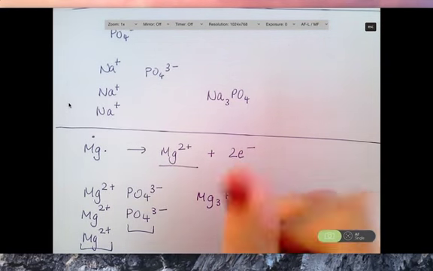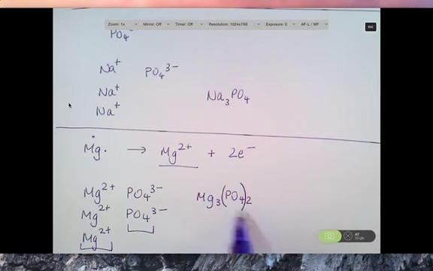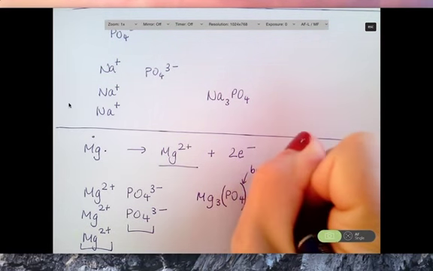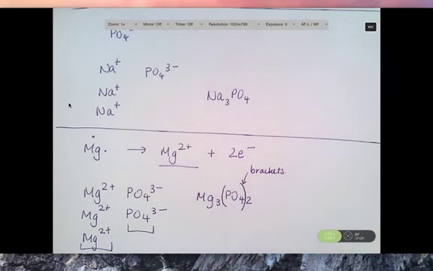So we say there's 2 of those phosphates, and that's where the brackets are used. This tells you how many of those ions are involved in the compound, or the ratio of those ions. As we know, it's a ratio.